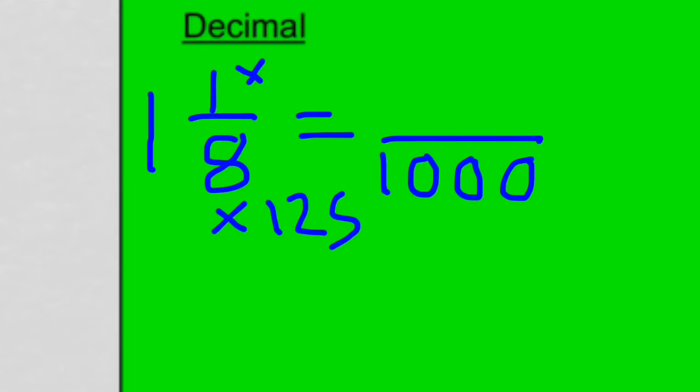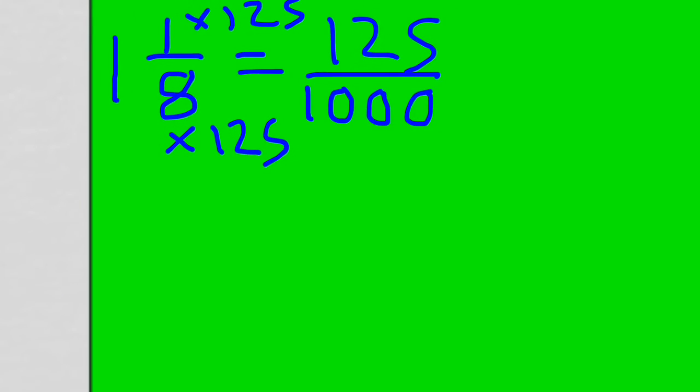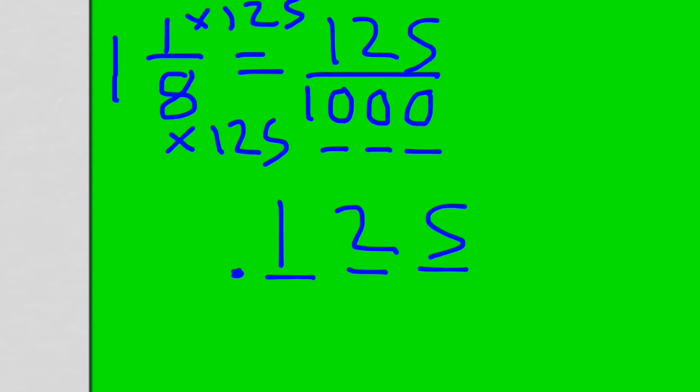And then you would do the same thing to the top, and you would get 125 over 1,000. Now use your zeros to help you. 3 zeros means 3 decimal spots. And in those decimal spots goes 1, 2, 5. This time, there's no 0 placeholder in the 1 spot. We have 1 whole, so that 1 whole appears in front of the decimal, and it's 1 and 125 thousandths.